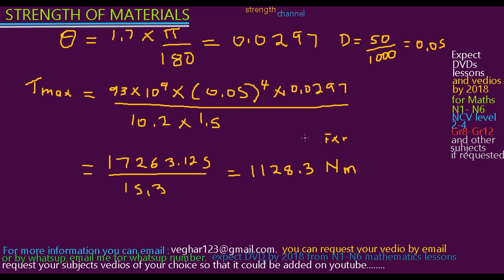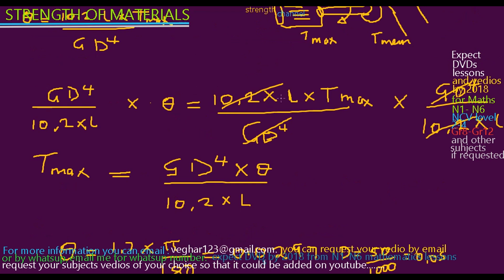If you know the unit, you know the equation for this one can be force times distance, which is okay. From this point, because we have calculated the maximum, it's from the starting point, the maximum.